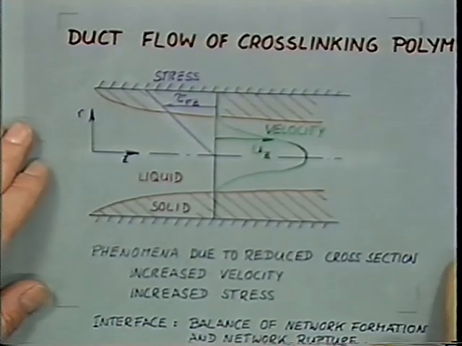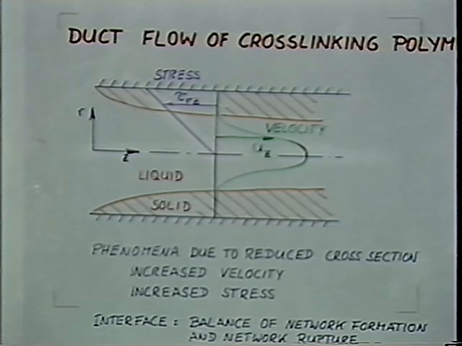Another application where breaking of gels occurs is the extrusion of a crosslinking material through a pipe. And that's done conventionally. So a crosslinking material is going through this pipe.